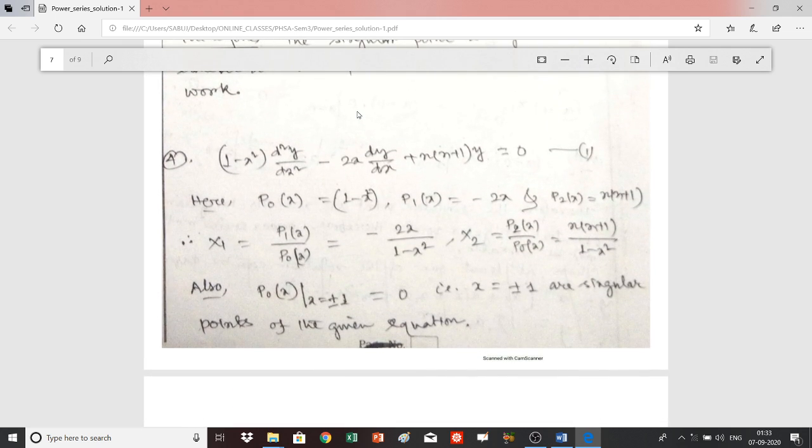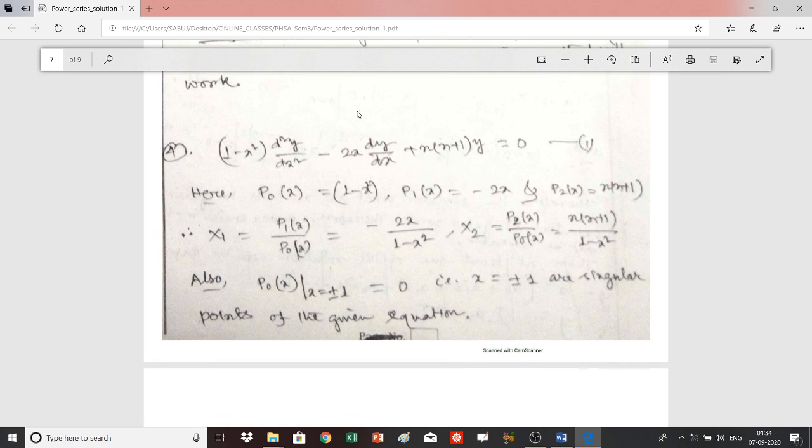This example is different from the previous ones, but has similarity with the general form of the linear homogeneous equation. Here the given equation is 1 minus x square d2y by dx square minus 2x dy by dx plus n into n plus 1 into y is equal to 0.